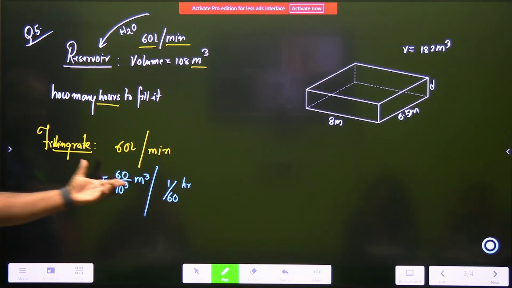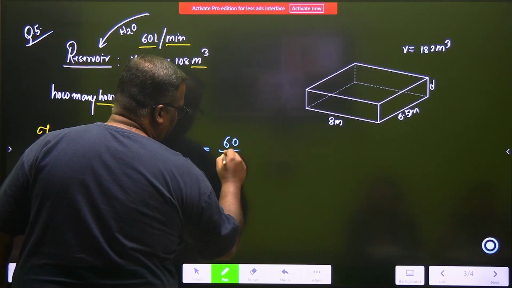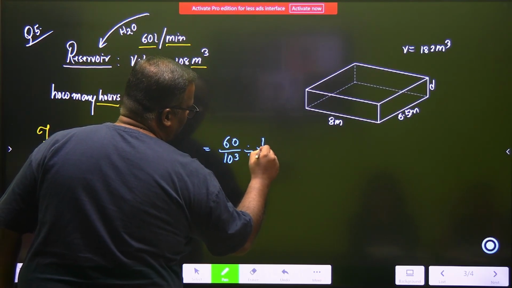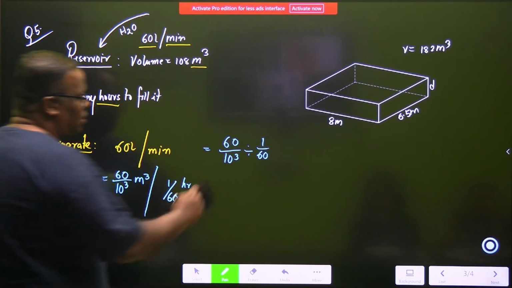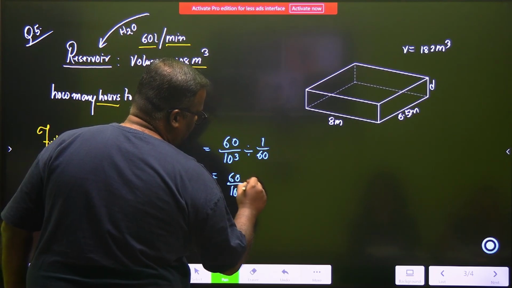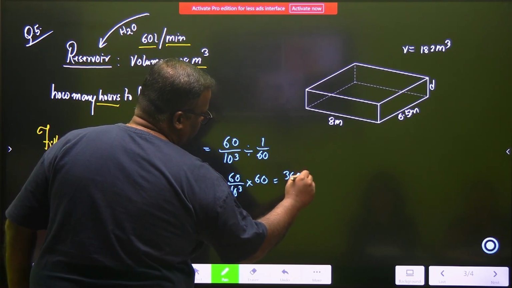So shall we simplify this first? This is 60 divided by 10 to the power 3 divided by 1 upon 60. Correct?